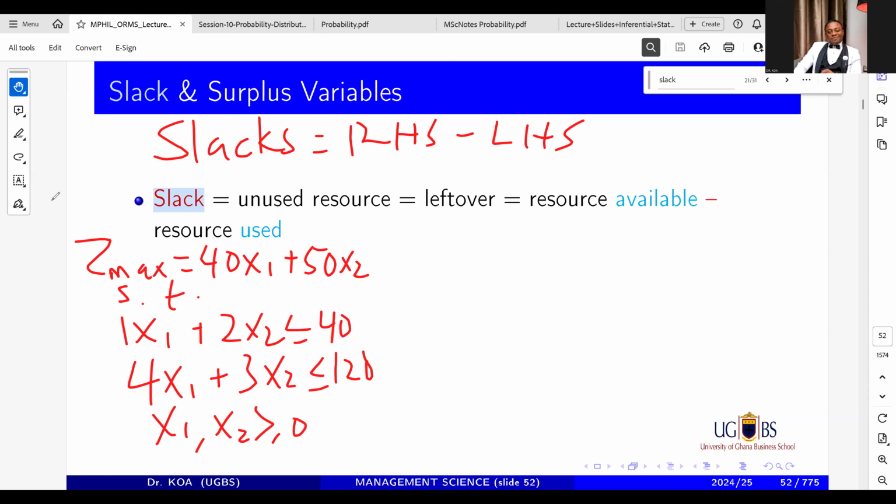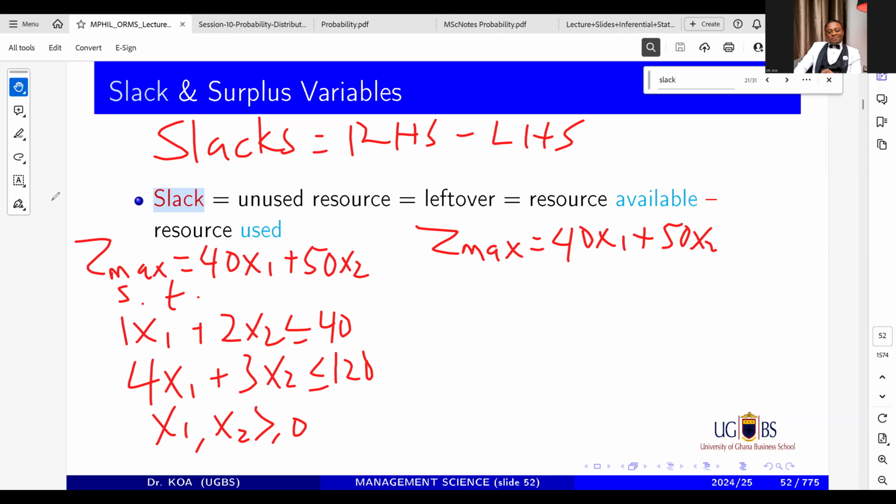Well, first of all, we are going to write the objective function again and introduce the slacks. As we know, the objective function is of a form like this. How do you determine how many slacks to have?